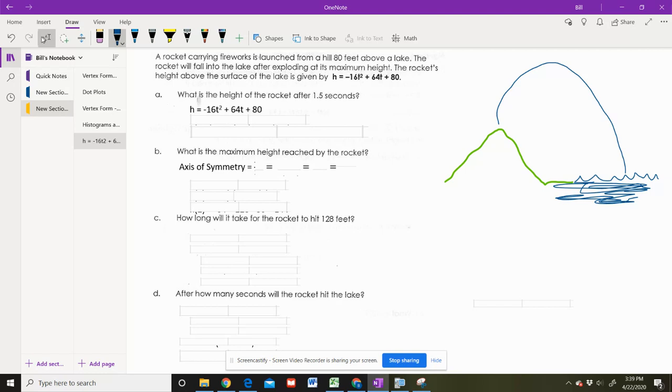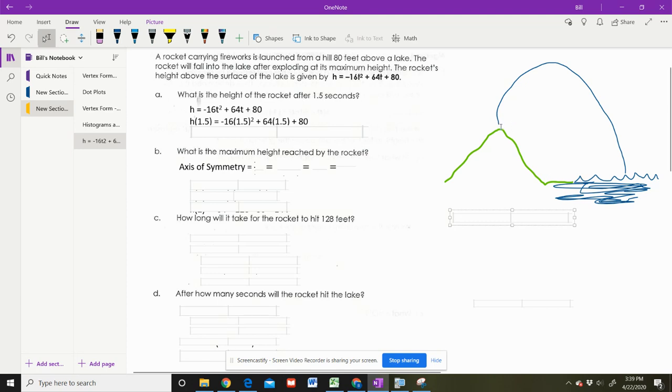All right, so basically, what is the height of the rocket after 1.5 seconds? So when we're solving that, we're just going to plug 1.5 in for t. So remember, in the first video they showed you 80 is your y-intercept, but it's the initial height. So that rocket initially is 80 feet above the water.